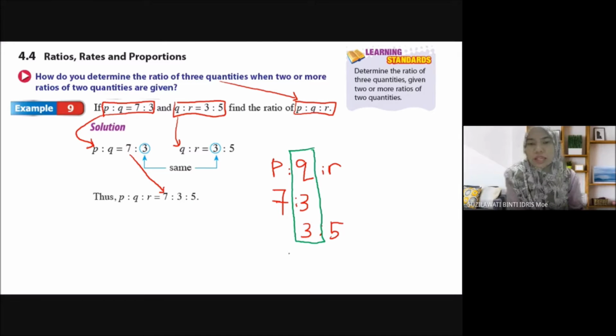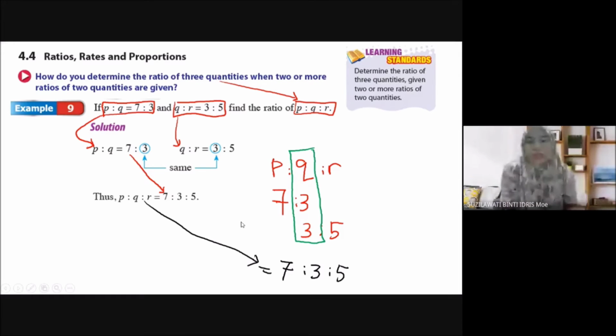Since the value is the same, you can just write the final answer for P to Q to R, which is 7 to 3 to 5.